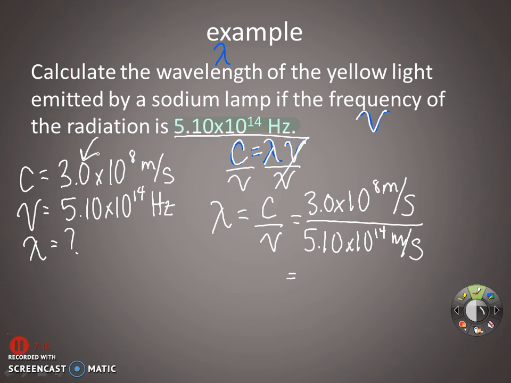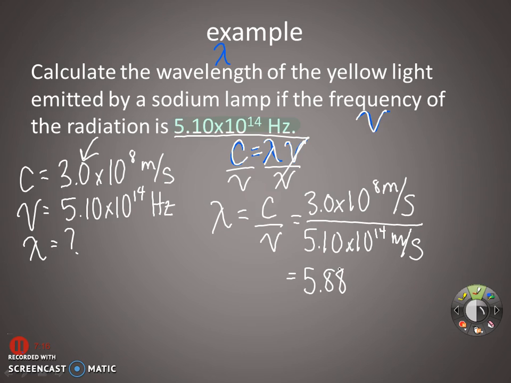So we have 3.0 times 10, make sure you're using your E key, to the 8th, divided by 5.10 times 10 to the 14th. And 3 sig figs means we're going to report it at 5.88. Make sure you read all the way to the end of your calculator.